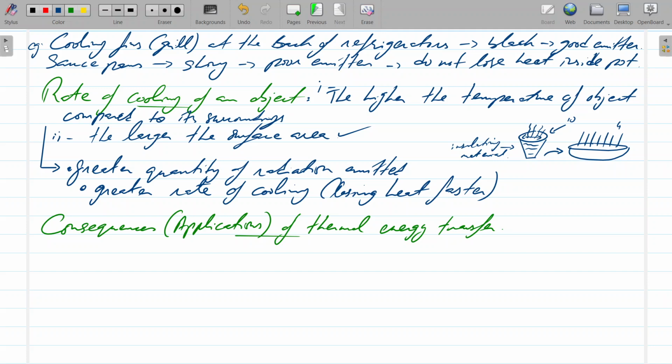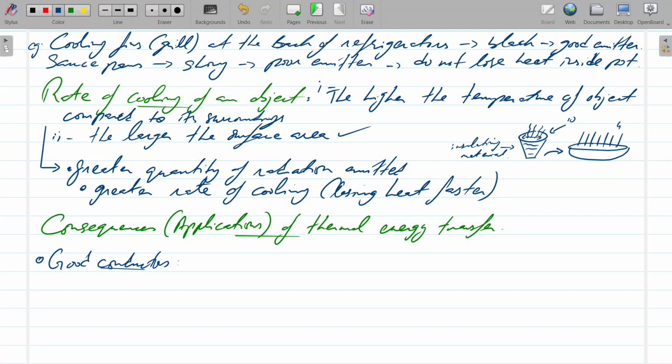Right, so using conductors, you already talked about that. So you have, for example, things that you want to heat up quickly. You make them of metals, such as saucepans being made of aluminum, or radiators being made of iron or copper, or even cooking utensils being made of those materials.